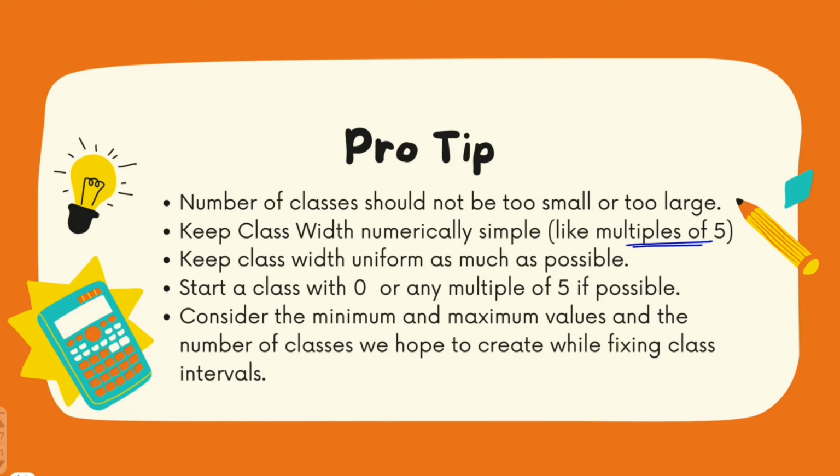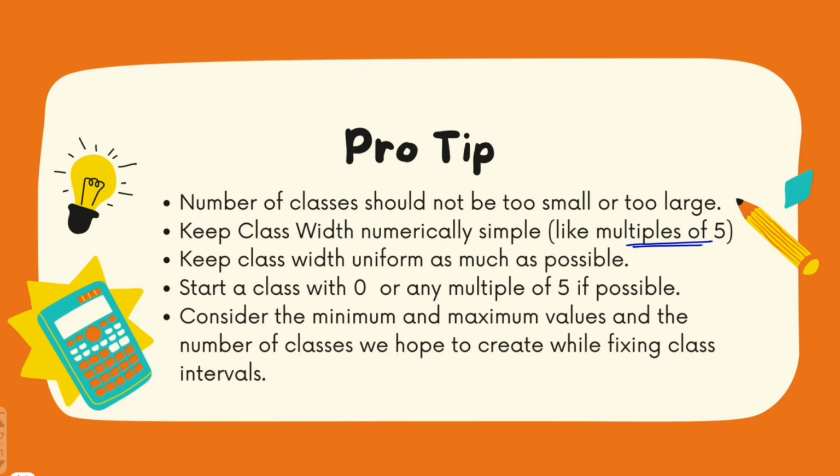Which is easier, 5 or 3? 5 is the easiest because all you need to do is toggle between 5 and 0 in your ones digit, right?